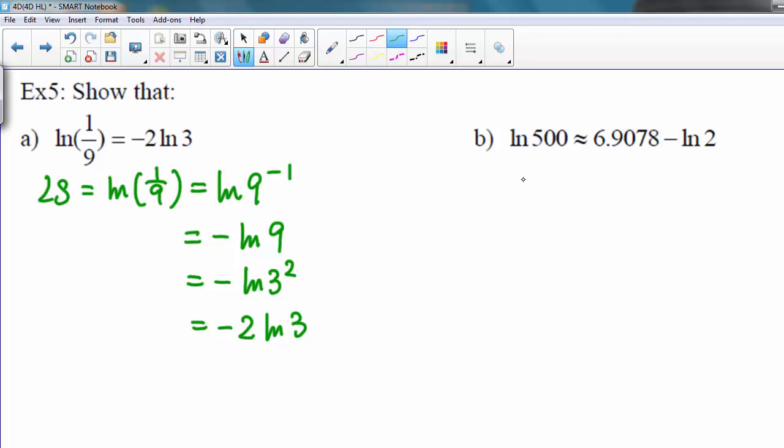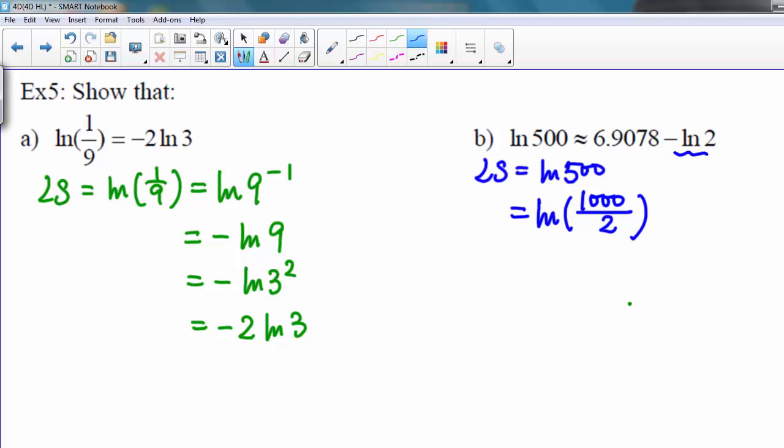So let's look at this B. How can I show this left side is equal to this right side? Log 500. This left side can be converted to 1000 divided by 2 because I have a log 2 in the subtraction. So I want to make a 2 in the denominator. So log 1000 divided by 2 is log 1000 minus log 2.